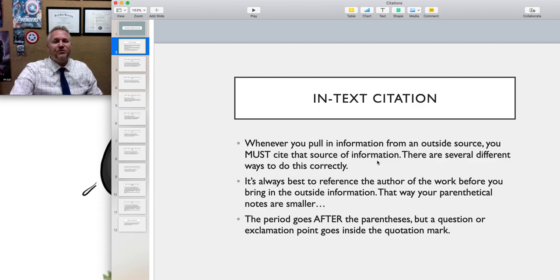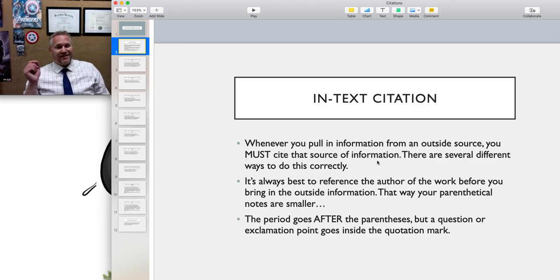Okay, so it's always best to reference the author of the work before you bring in the outside information. That way your parenthetical notes are smaller. We don't want these huge, big old long things. Also, we want to know all of that information as much as possible.